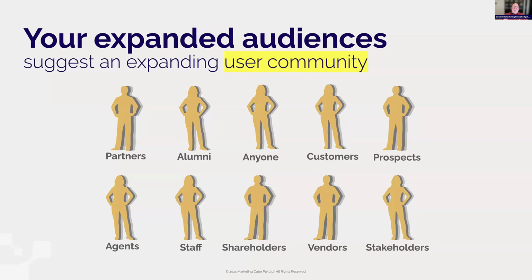Most companies deal with that pretty much. Larger organizations, though, will take advantage of the flexibility that exists within Eloqua to have different types of user profiles. So if you have an expanded audience, which is what I was implying with these groups of people that you can see on the screen, that would suggest there's probably an expanding user community within your organization.